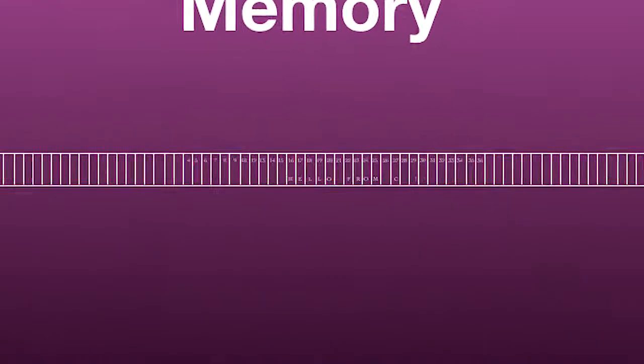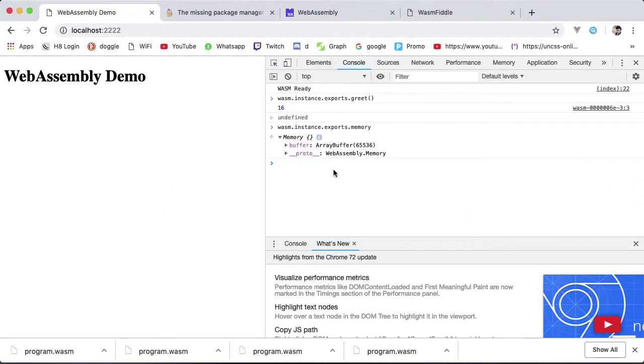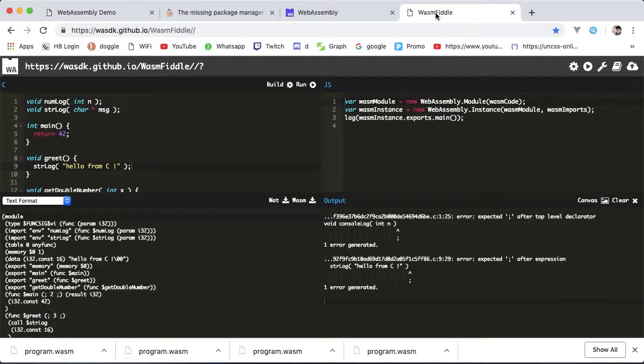Somewhere inside that binary data we have a string, hello from C, stored as a char pointer from our C code. We also know where in the memory the string data starts, this being provided to us by the char pointer. We are logging out at the moment 16, also stated in our WebAssembly text here.